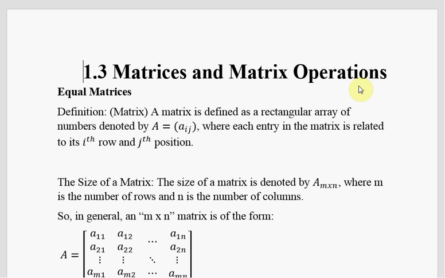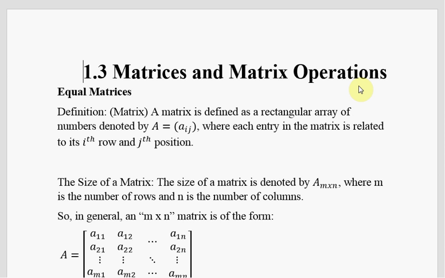Before we get to equal matrices, the so-called size of a matrix. We always denote a matrix by a capital letter, such as capital A, followed by its size, m by n, where m is the number of rows and n is the number of columns.